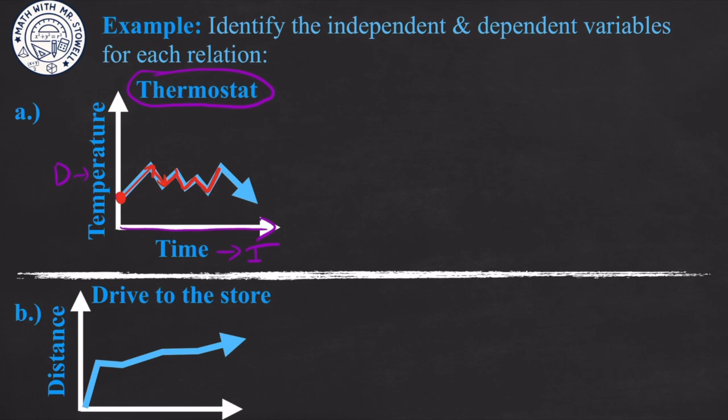So the thermostat turns on, it heats up. Thermostat hits the temperature it wants to be at, it shuts off. Time keeps on going, it gets colder, it gets colder. Eventually it's going to get to that point where it's going to turn back on. It heats back up, and it gets colder, it cools back down, heats back up until eventually you shut off the thermostat.